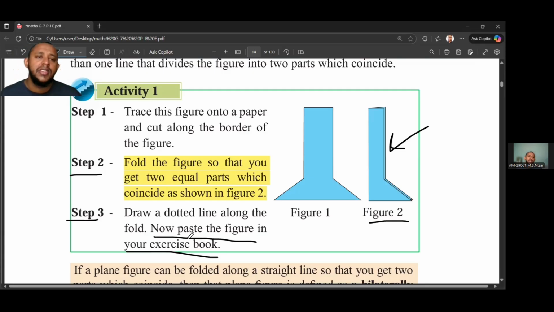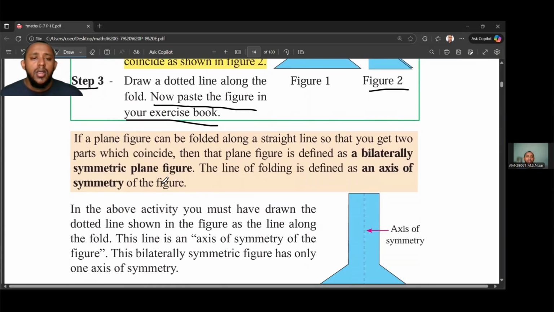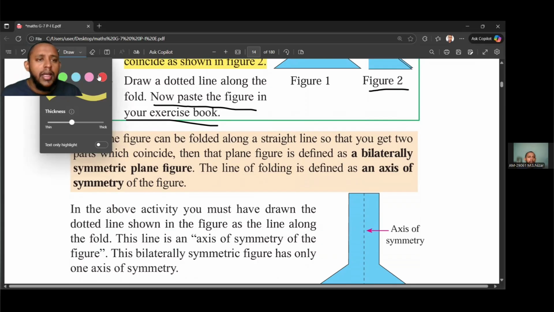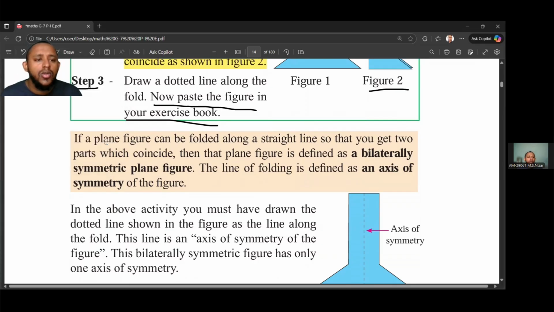So it's a very simple activity, which goes as activity 1. Now they explain a small note that you have to keep in your mind, so we'll go through that now. If a plane figure can be folded along a straight line, right?